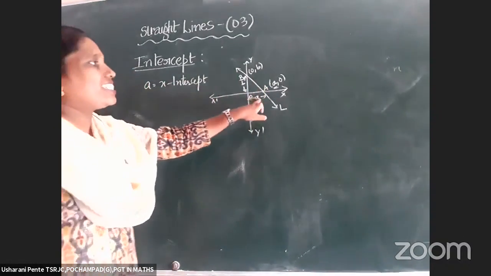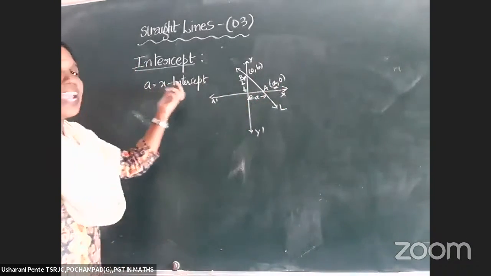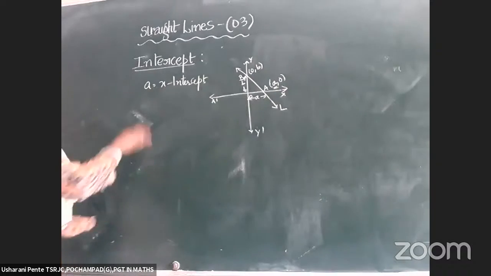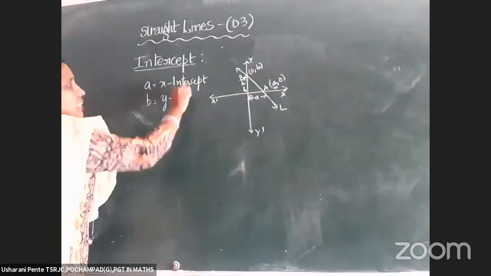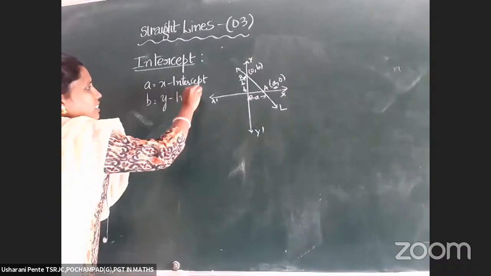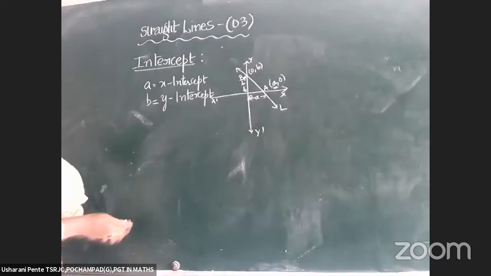Here it is intercepting x at A. Therefore I am taking A as the x-intercept, and B as the y-intercept. Why am I taking B as a y-intercept?